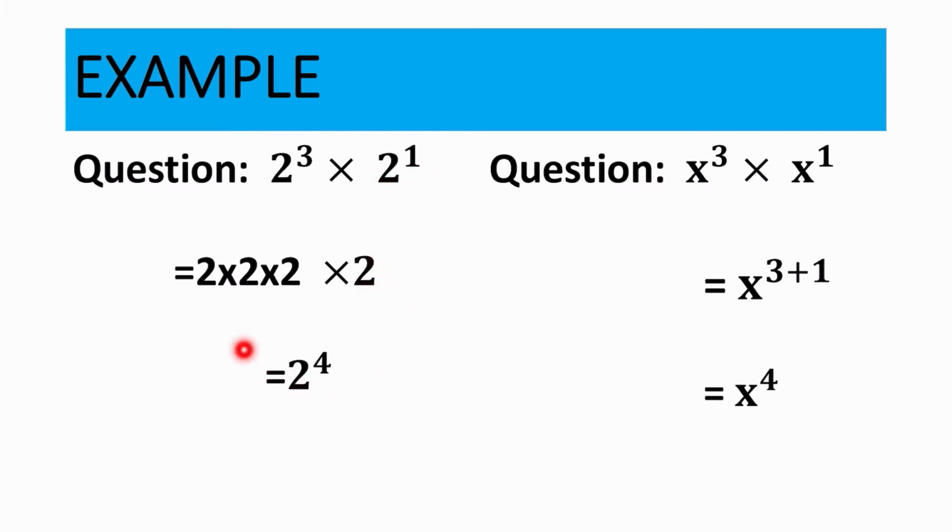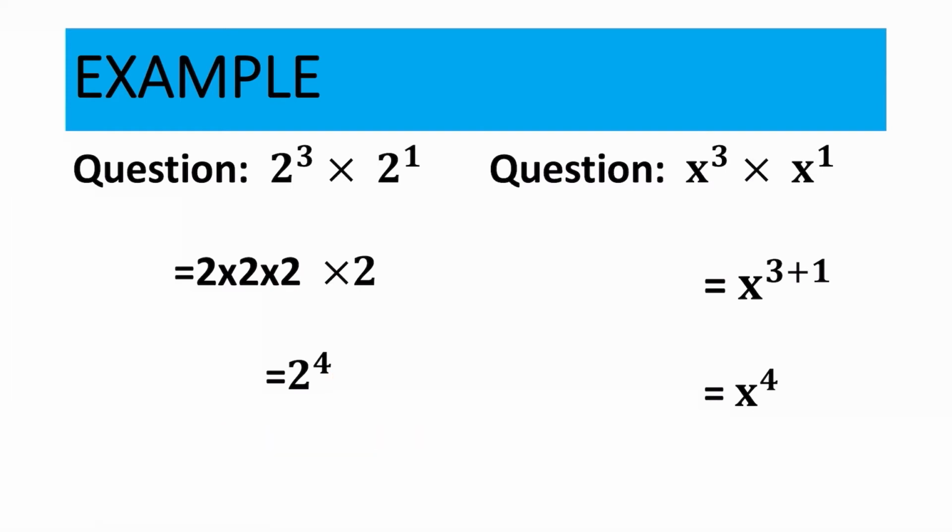Now, in order to get our answer, we know that if the bases are the same, we place that same base again, and we will just count how many 2s are there, and that will be our new power. Now, after counting 1, 2, 3, 4 2s, we know that our new power is 4.